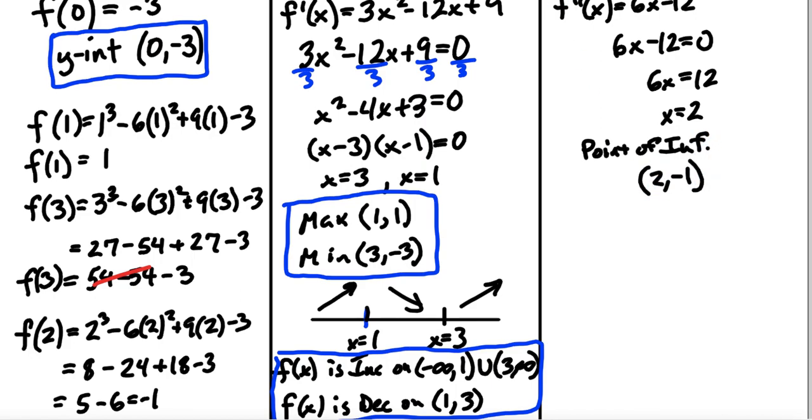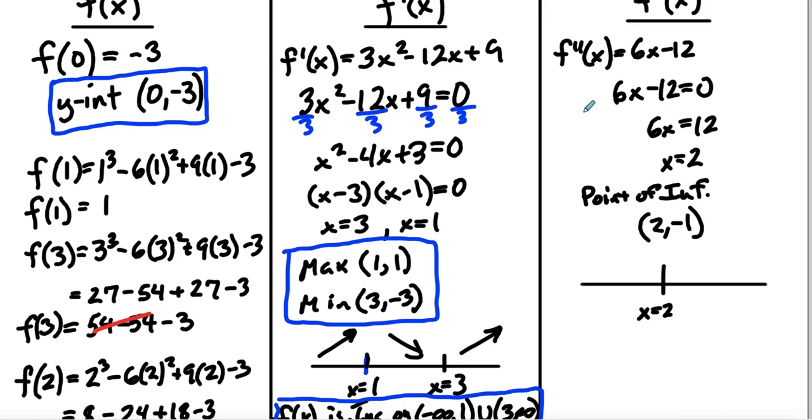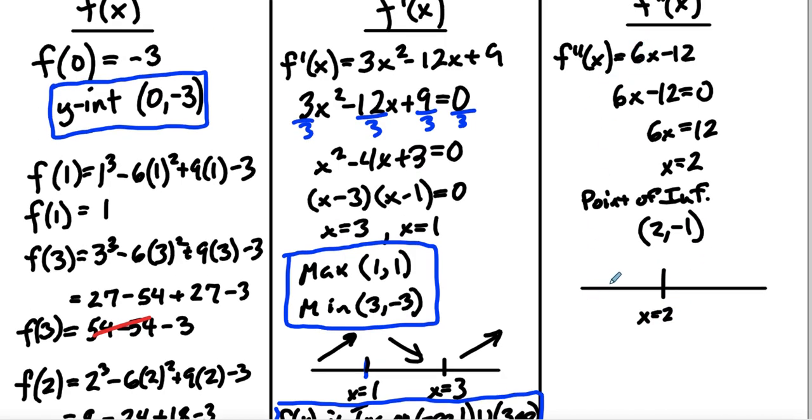Okay, now to determine concave up and concave down, we just got to look before and after 2. Okay, now that we're at the second derivative test, that's really easy because if we input 1, we get 6 times 1 minus 12 is negative. And then if we input 3, we got 18 minus 12. That's going to be positive.